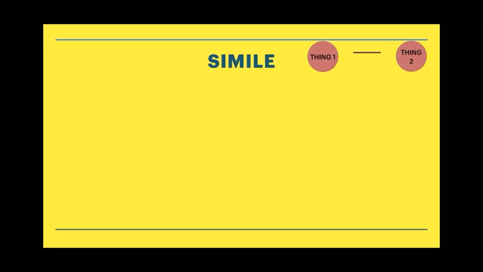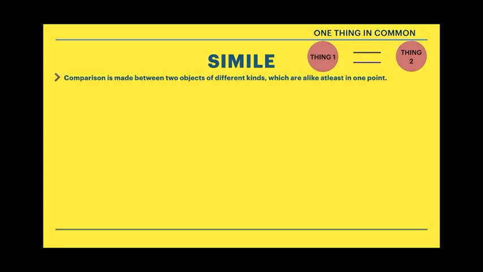There are different kinds of things, but we compare these two things and there is at least one thing in common between these two things. Comparison is made between two objects of different kinds which are alike at least in one point.